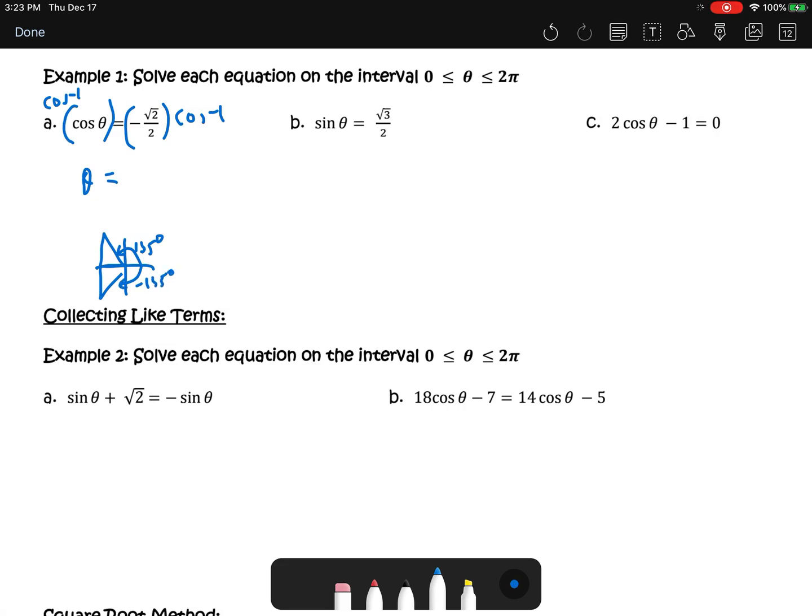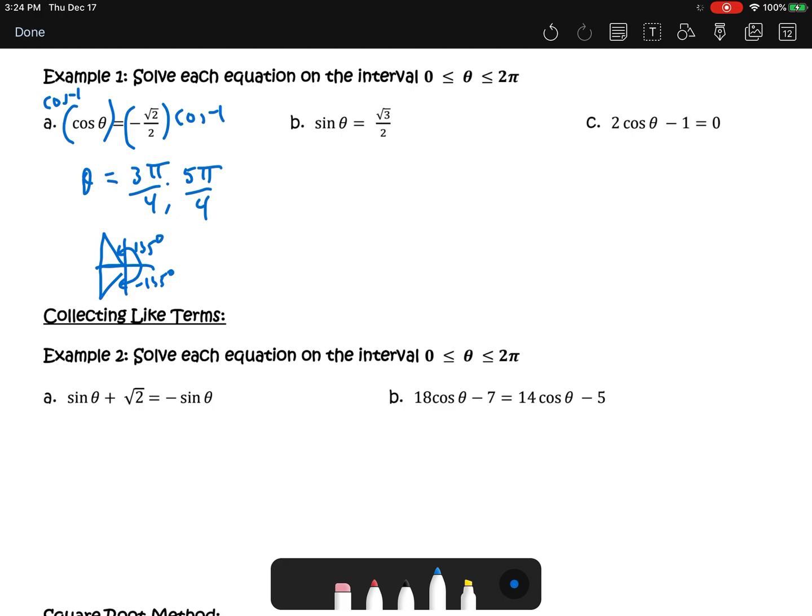But all the answers will be in radians, by the way. So that would be 3 pi over 4, but it also could be 5 pi over 4, correct? Because we could have two answers here. If I take the cosine of 3 pi over 4, I get negative rad 2 over 2.